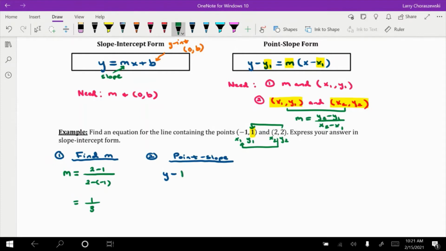So y minus 1 equals m, which we just got done calculating, is 1/3, times quantity x minus x1. So we're looking at x minus -1.